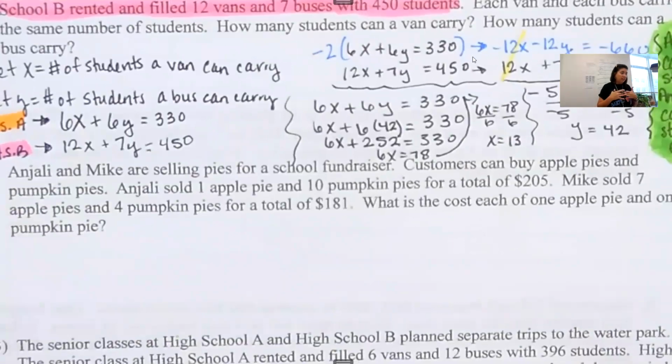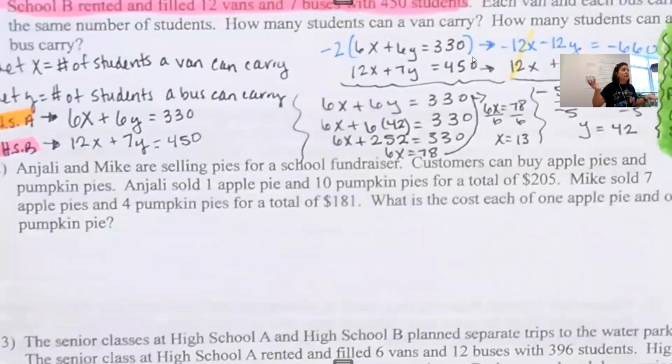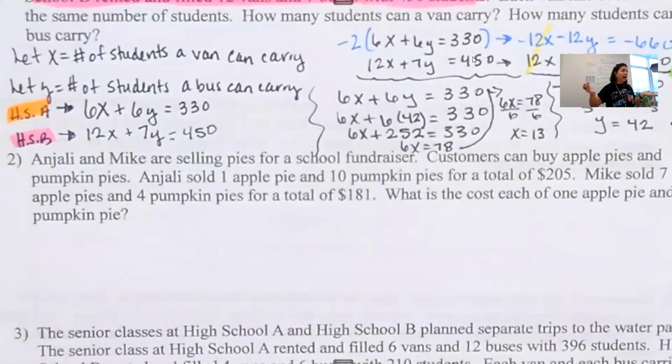So what do we need variables for? Exactly. Not how many apple pies, not how many pumpkin pies. It's the cost for 1 apple pie and the cost for 1 pumpkin pie. Does it matter what variable I use? No, I have to define it though. I can't just put variables and not tell you what each one stands for.